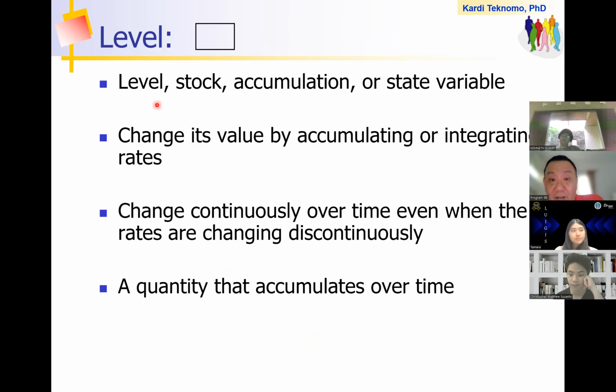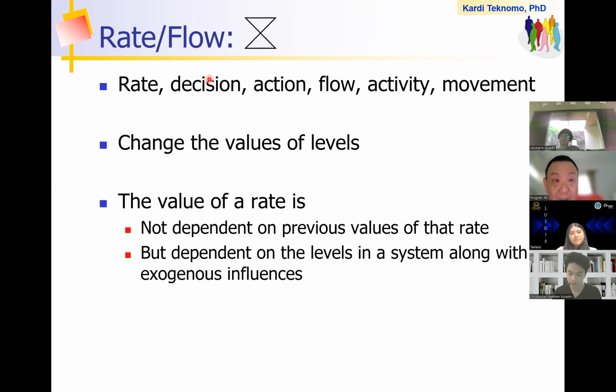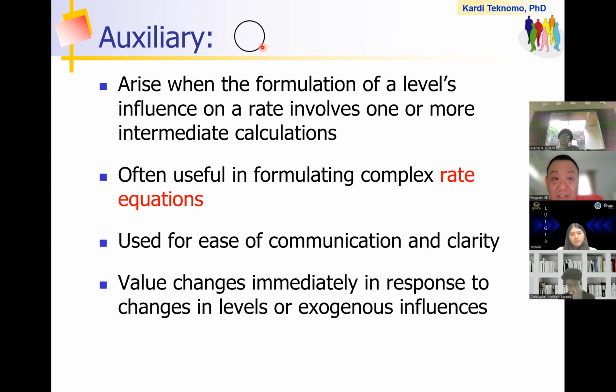The level is basically the state which you accumulate, or you integrate the rates. And then the rate or the flow is basically the decision, the action. And then the auxiliary is just a formula, any formula that you can include in your system.